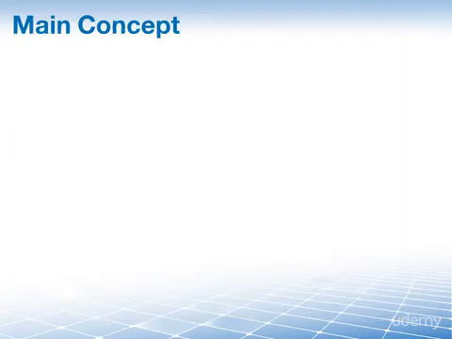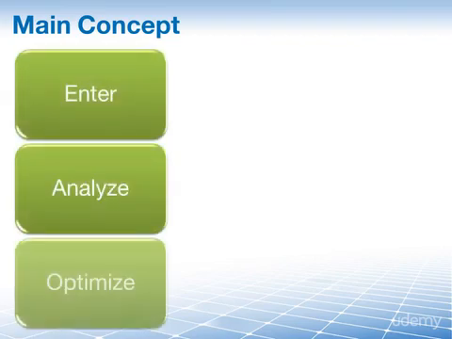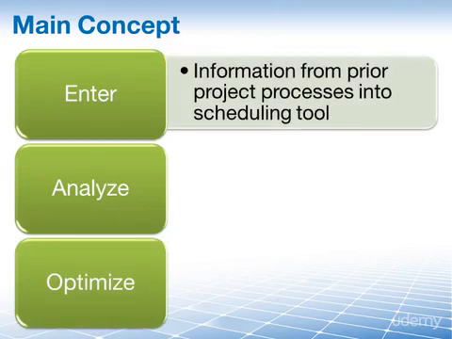The main concept for the develop schedule process is that this is where we enter, analyze, and optimize our project schedule. We enter the information created from the performance of prior project processes necessary to create the project schedule into our scheduling tool.